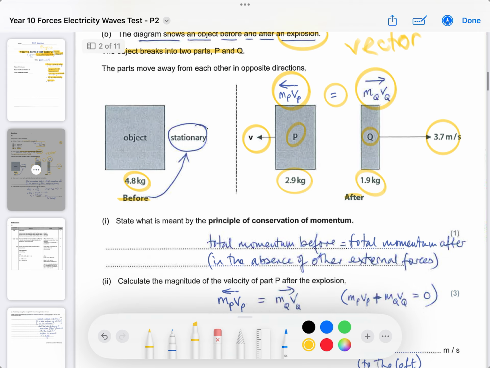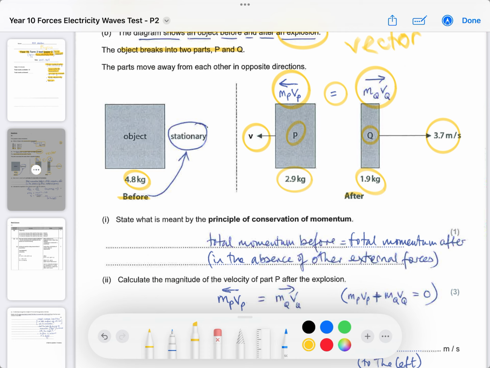So first of all, you need to know what is meant by the principle of conservation of momentum. And the principle of conservation of momentum is that before the event, in this case it's a separation of two objects in opposite directions, the total momentum before it separates must be equal to the total momentum after.